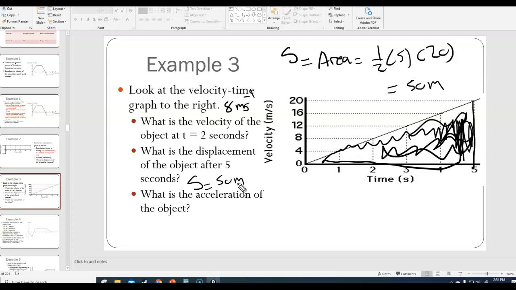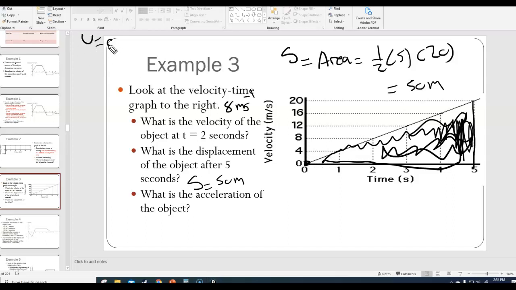Now, I also want to point out something. Again, because this is constant acceleration, all of the constant acceleration equations that we've seen so far have to also work. So notice that this object has an initial velocity of 0 meters per second from the graph.